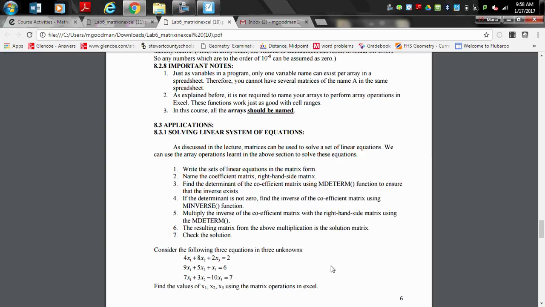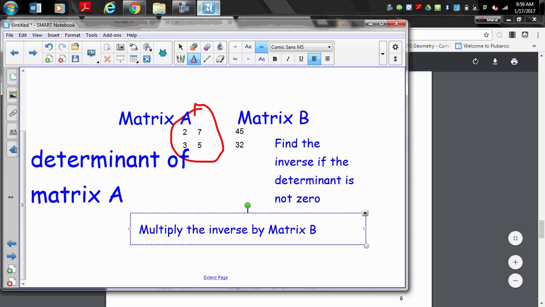That is your answer. It will give you your X value and your Y value. And that's it. So first thing you do, take matrix A and B from your equations.